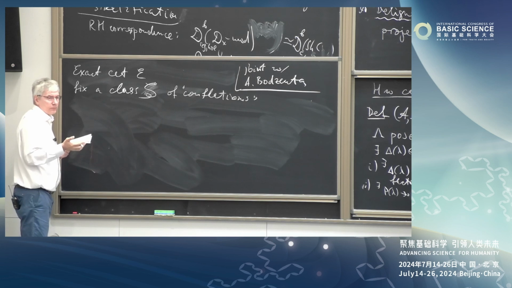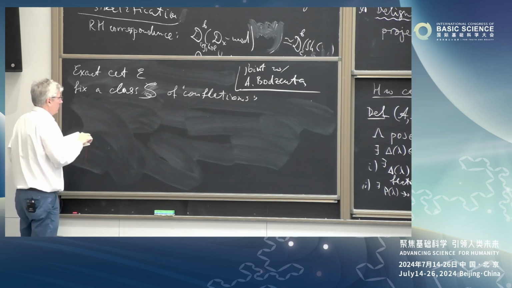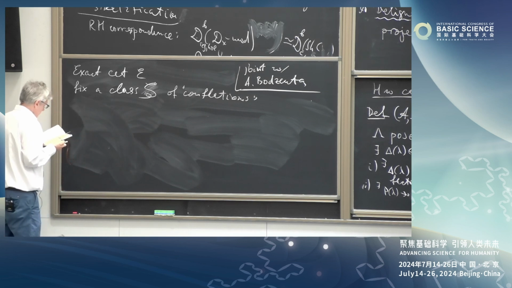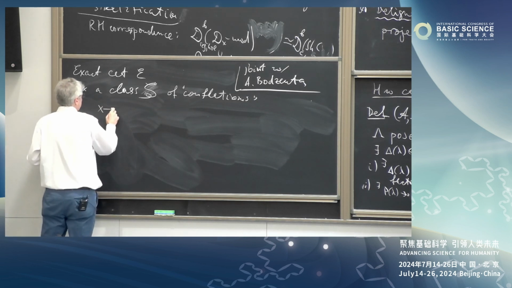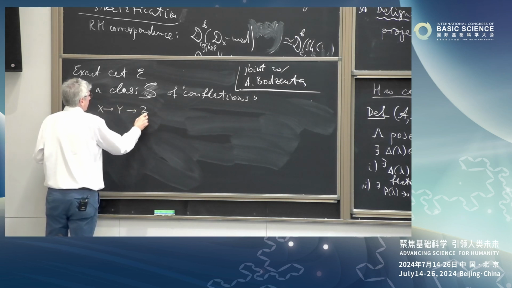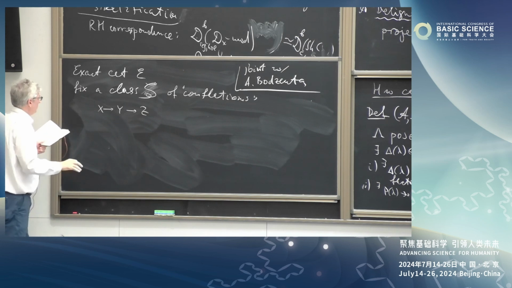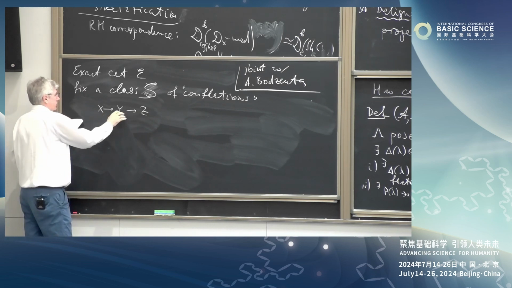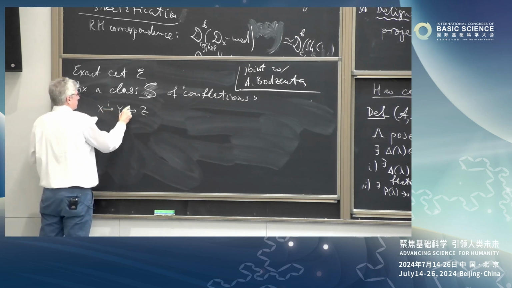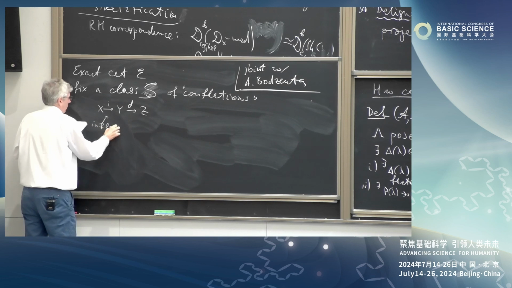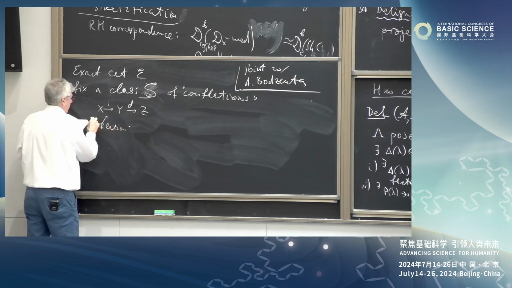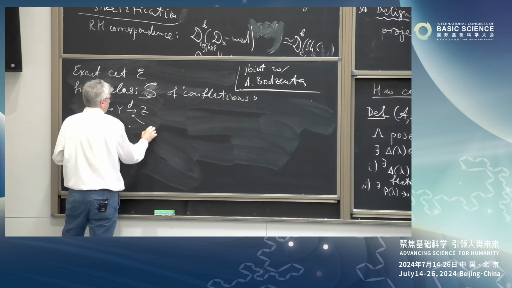But Gabriel worked with abelian categories, not exact ones. So it's more or less like short exact sequences, but because it's not an abelian category, I don't write zeros on both sides. This is a conflation. This one will be called an inflation, and this one a deflation.